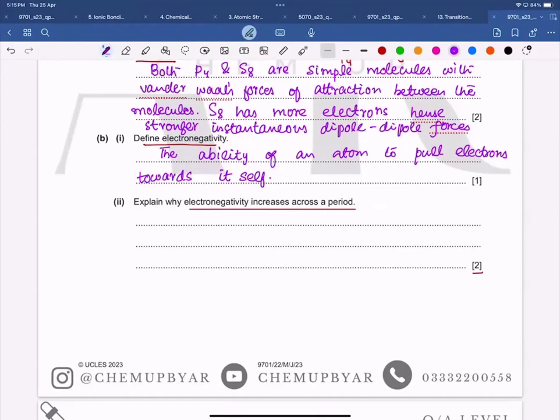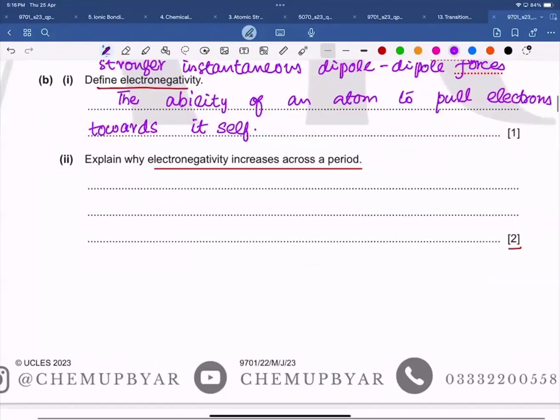Yeah, the nuclear charge increases means the number of protons increases. What else? The most important thing you guys missed. Yes, Fiza, you are correct, but still you missed one thing. As a result, the nuclear attraction increases. If you don't put this, then you will not get the second mark.